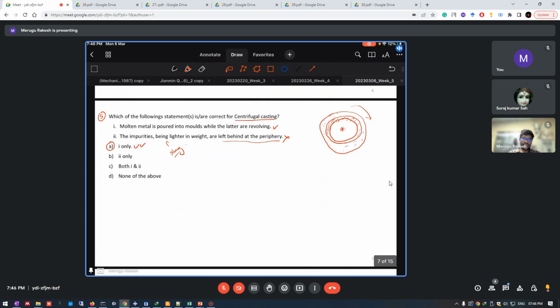In centrifugal casting, if there are any lighter metals or impurities that have very low density, they will be collected at the center. So that is one advantage in centrifugal casting, and we can get very high density at the periphery.